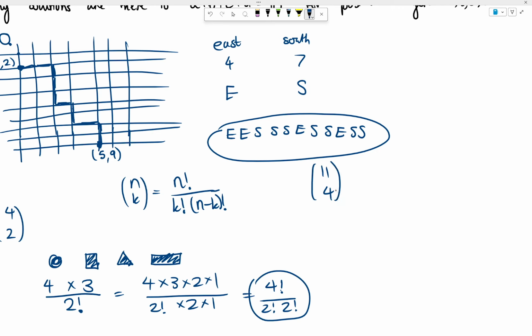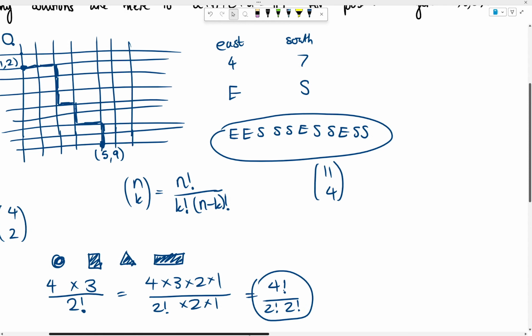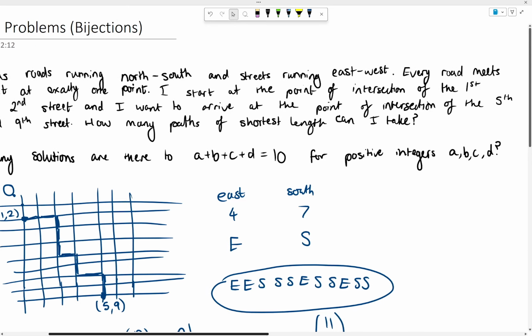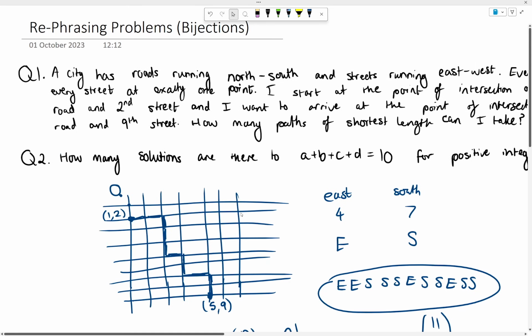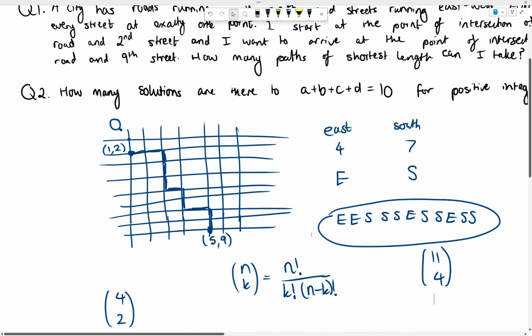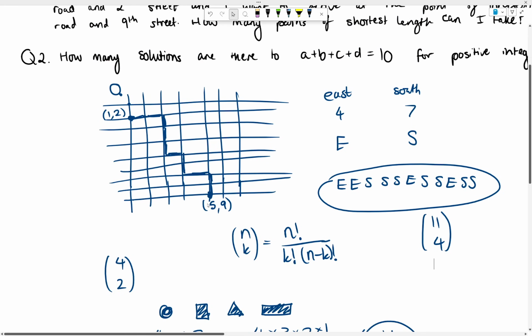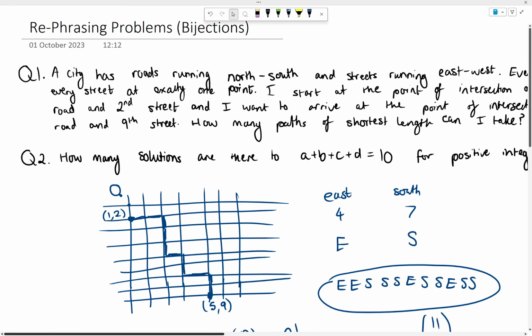And I'm not actually going to calculate what 11 factorial divided by 4 factorial times 7 factorial is, but that would be the answer to the problem of how many paths of shortest length are there from the second road in the first street to the 5th road and the 9th street. So that's kind of like a way of rephrasing a problem in a different form.